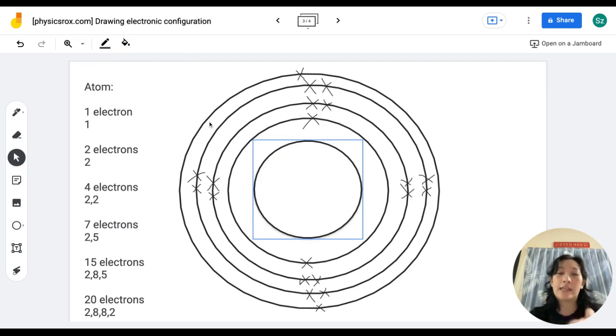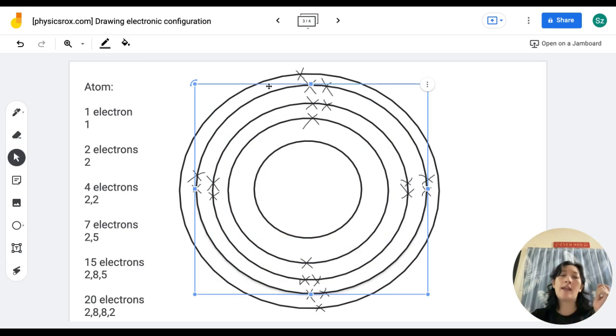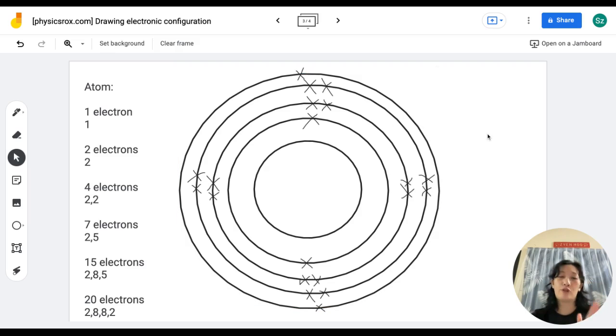The first circle in the middle is the nucleus. So you must have one circle first to indicate the nucleus, and then the second circle will be the first shell, and so on and so forth. So this is how you should be drawing the atom and the electronic configuration if you are required to do so.